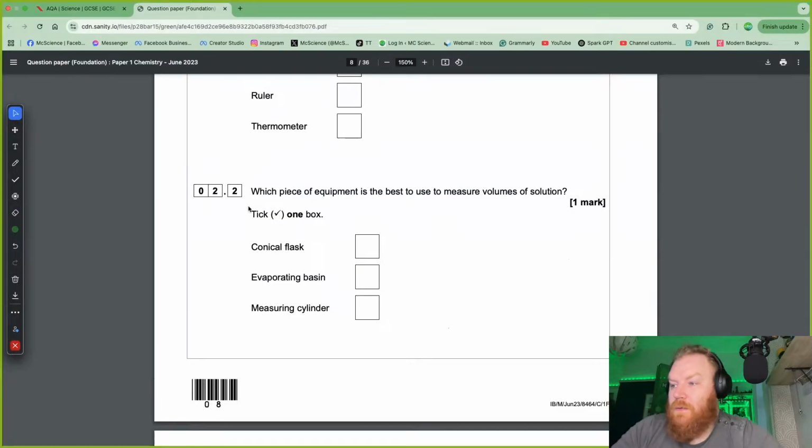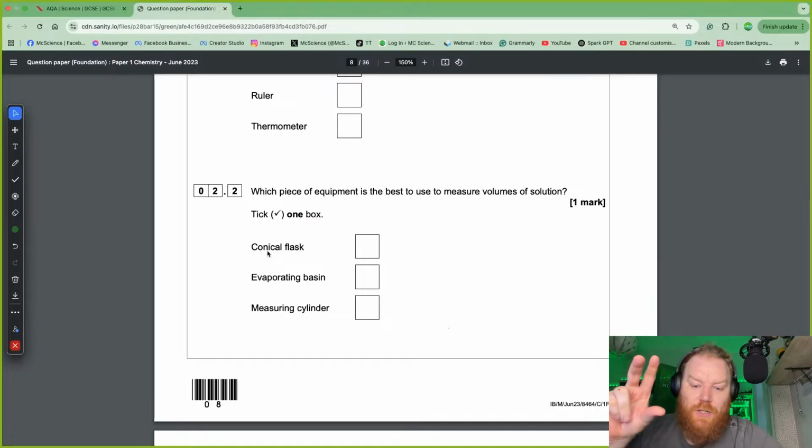So for this question, again, we're going straight to the command word. Which piece of equipment is the best to use to measure the volumes of the solution? So we've got conical flask, evaporating basin, and a measuring cylinder. Now, this is one of those typical questions where people will go, well, when I was in school, we just poured it straight from the conical flask, because the conical flask has measurements up the side, or I used a beaker and that was up the side.